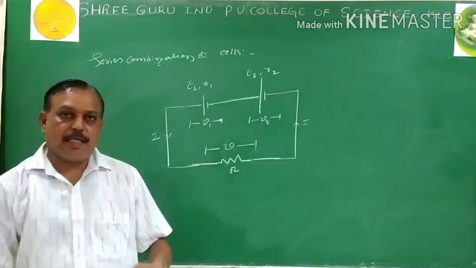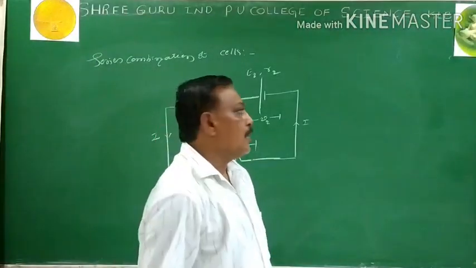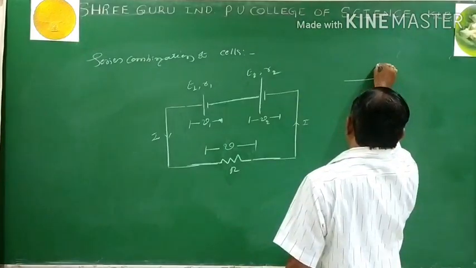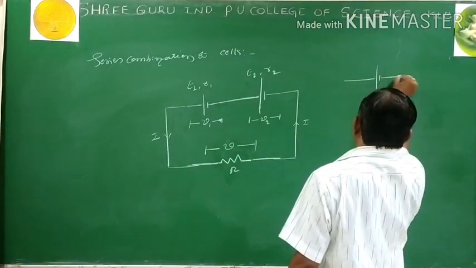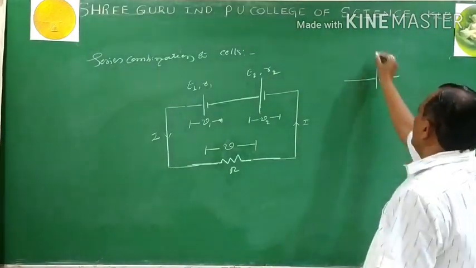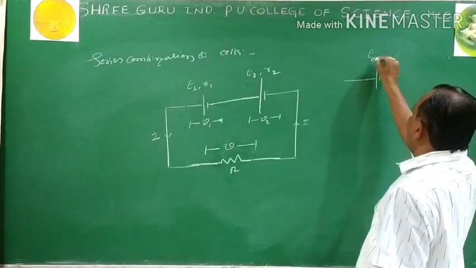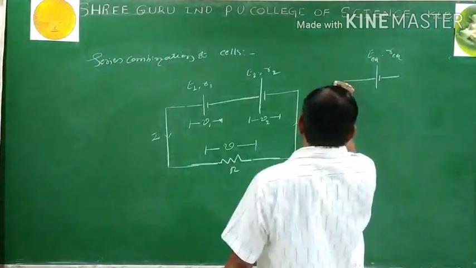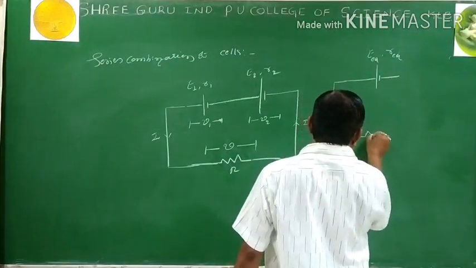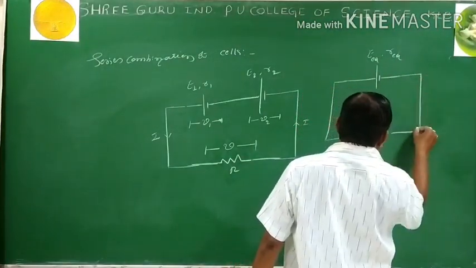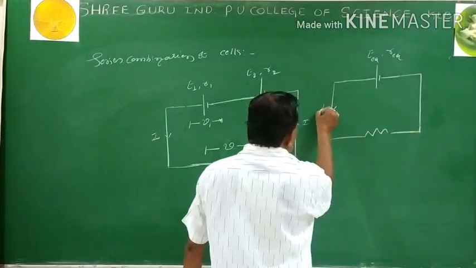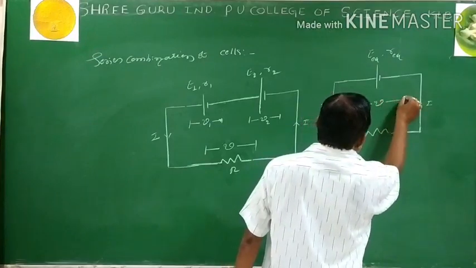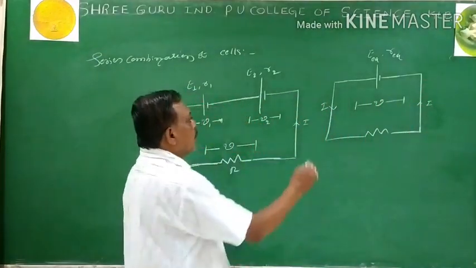That equivalent cell has its own equivalent resistance. Hence I replace the two cells by a single cell, called the equivalent cell, having internal resistance R equivalent. The same conductor has resistance R. Current starts from positive and terminates on negative. The potential difference is V. Now this is our equivalent circuit.